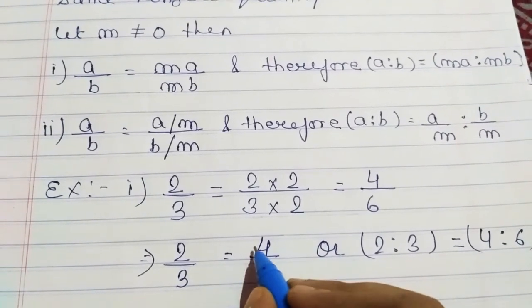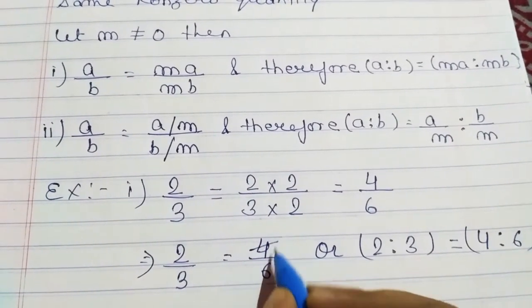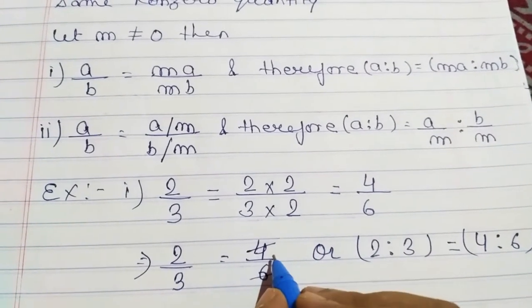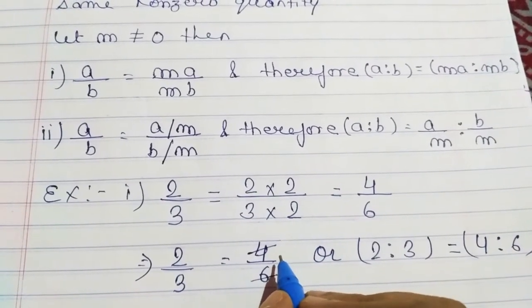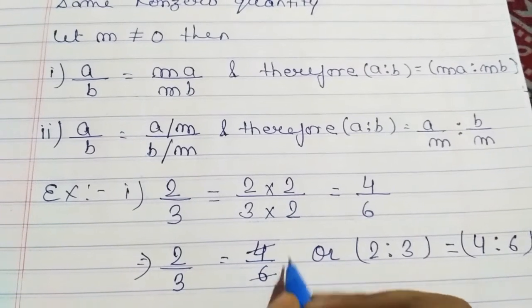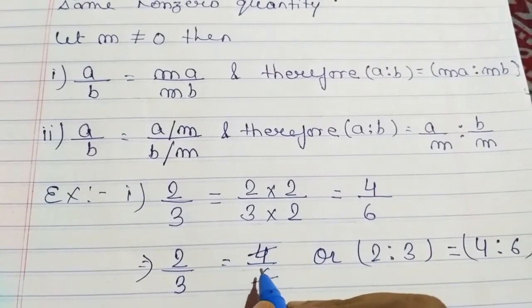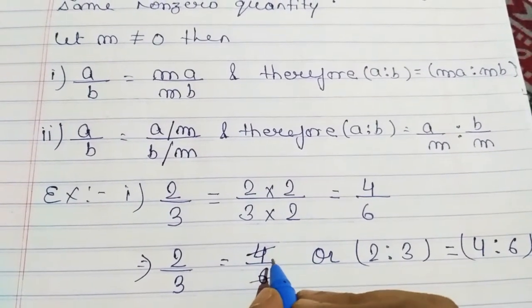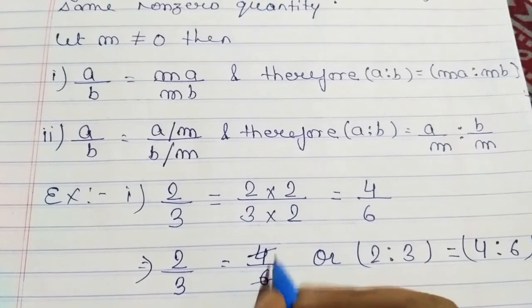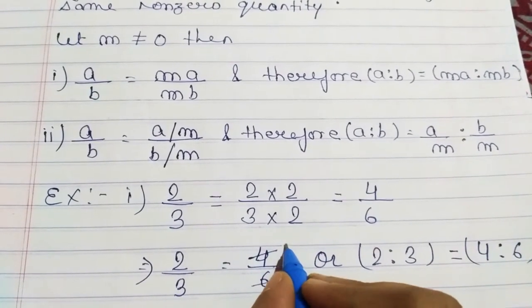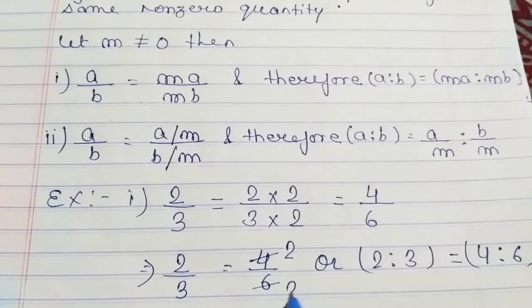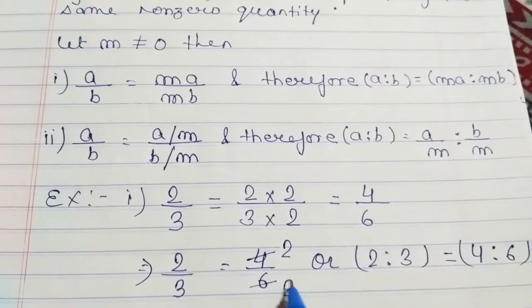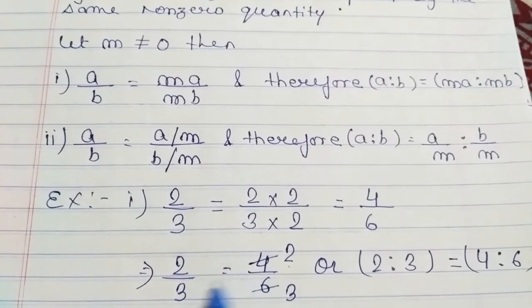When you divide this by the SCF, that means you have to convert it to the simplest form. You have to find the SCF first and divide by it. So 2 2s are 4, 2 3s are 6. So you can check it here.